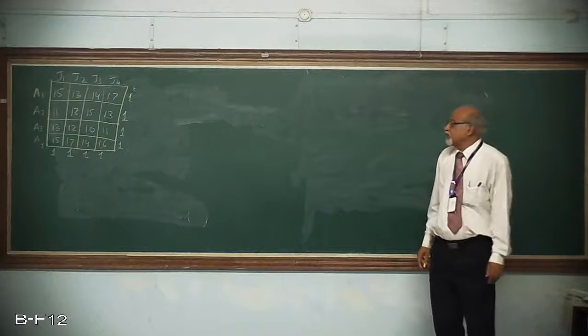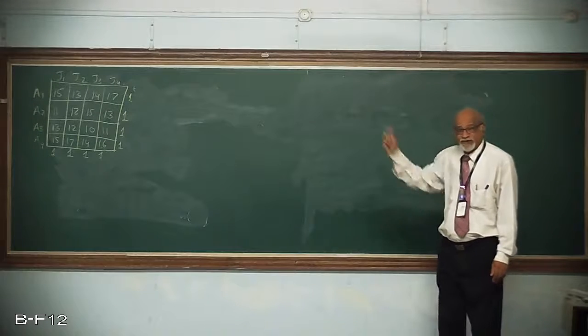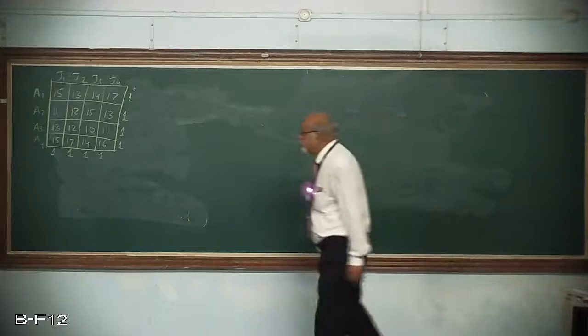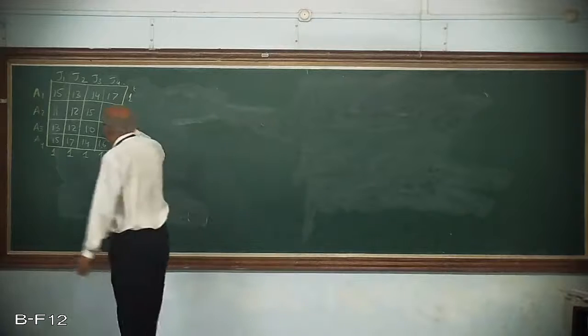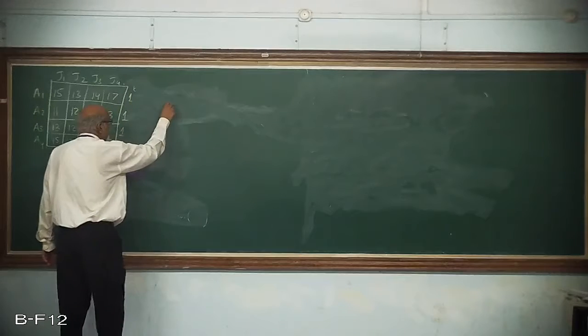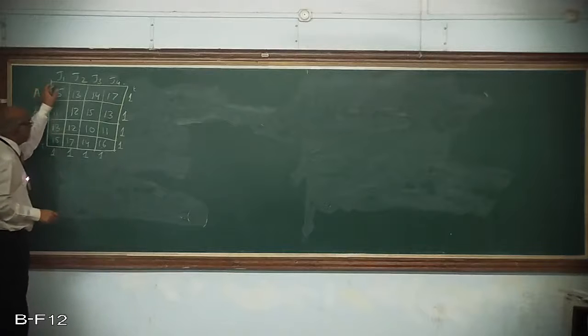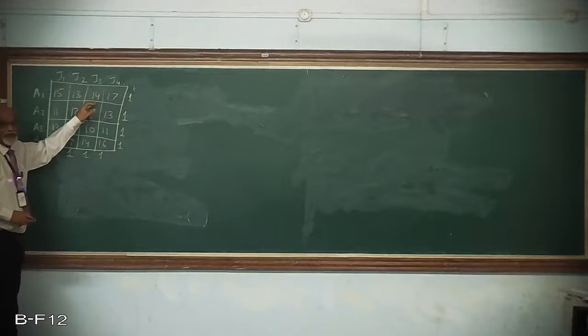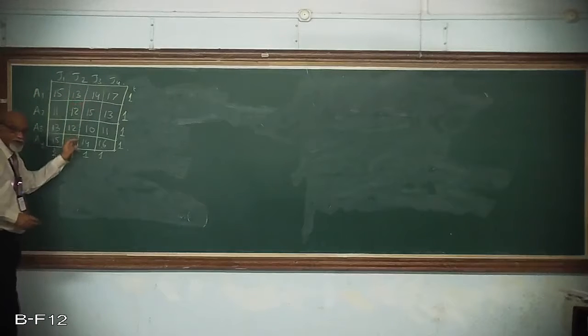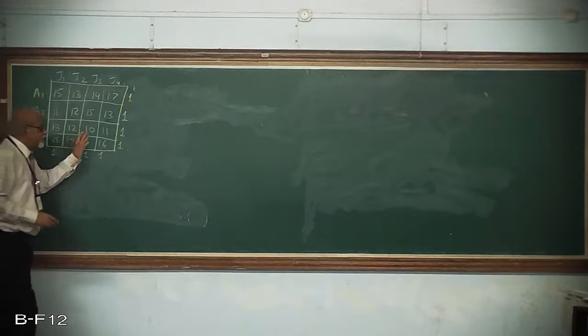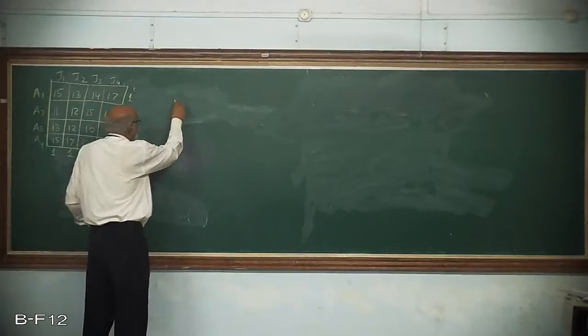If it is understood, then how many ways can it be done? If there are n facilities or n jobs and the effectiveness matrix is given, how many ways are there?